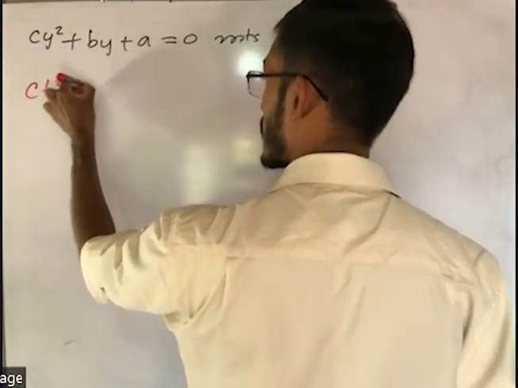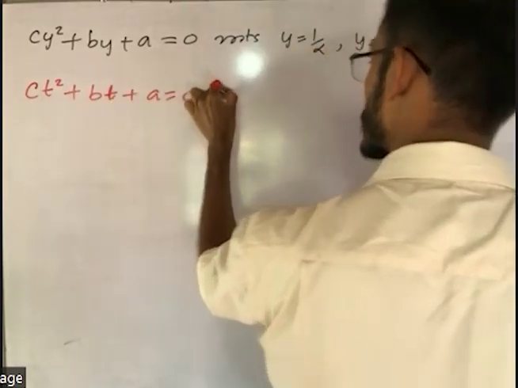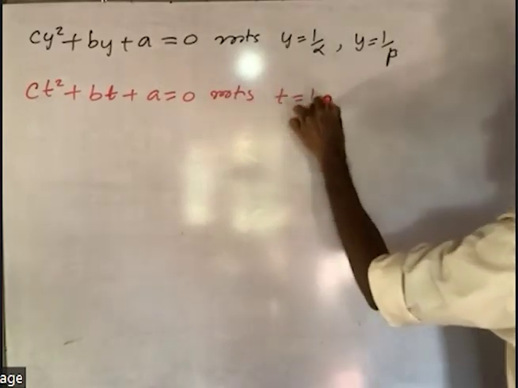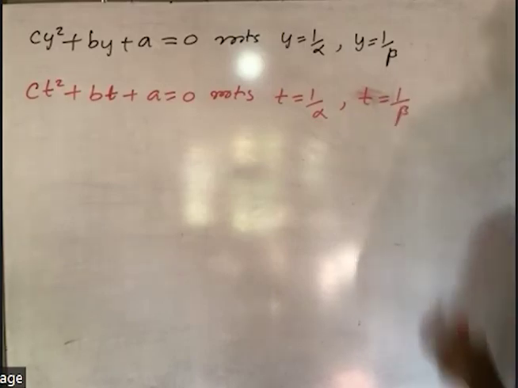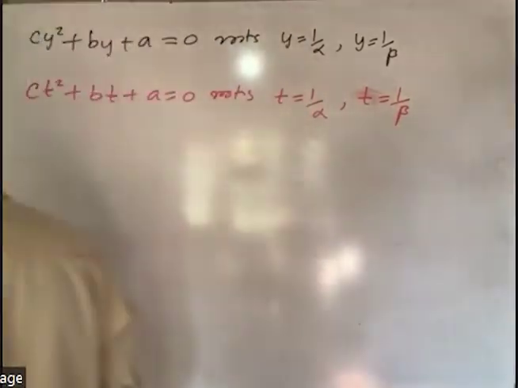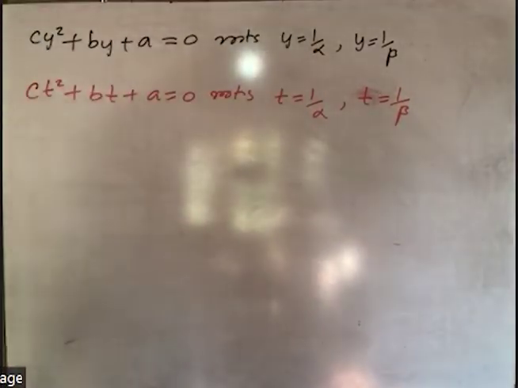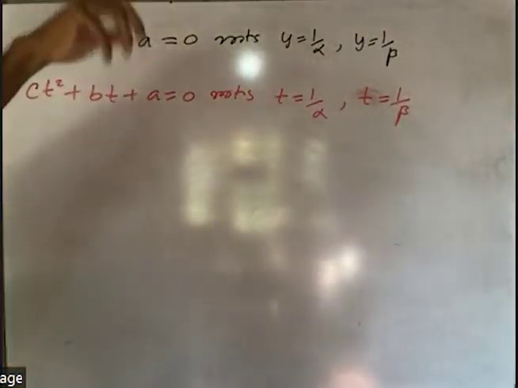Here I can write t instead of y. So ct square plus bt plus a equals 0. The roots are t equals 1 over alpha, comma t equals 1 over beta. Likewise, we can just change the letter. That doesn't change the meaning of the equation. Previously, we used an algebraic expression to change the variable into a different variable.